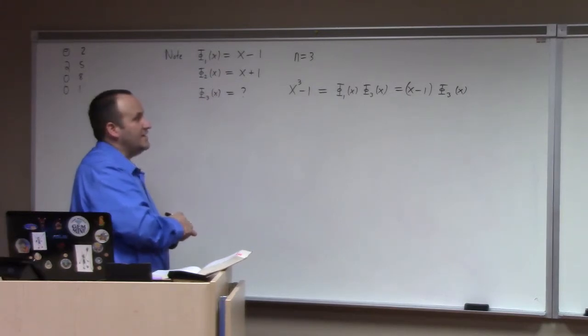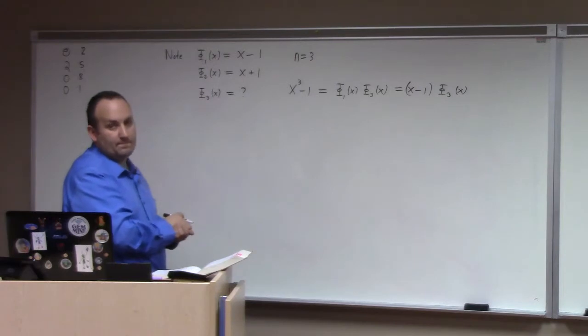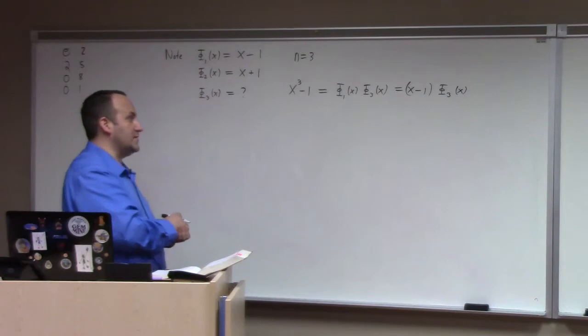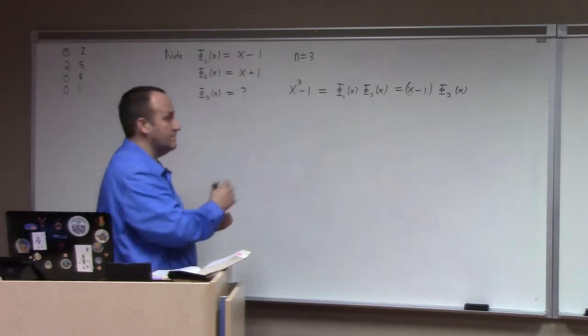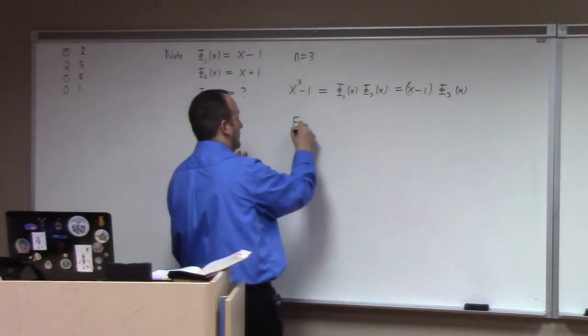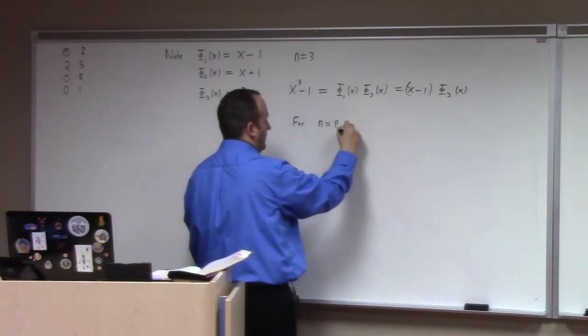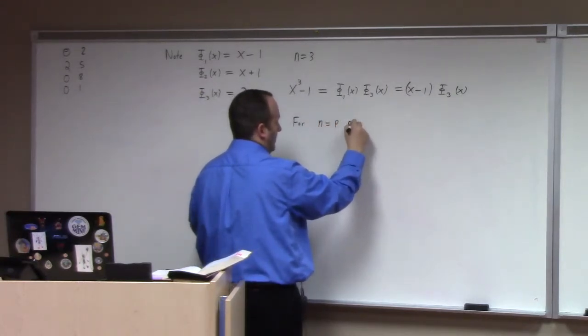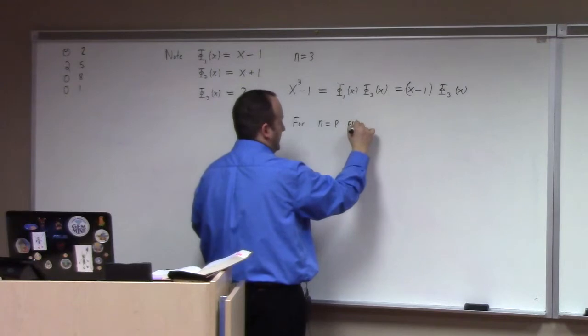and that same thing is going to be true anytime we have a prime. Anytime we have a prime, the only divisors of the prime are 1 and itself. Which is why for a prime we may define the cyclotomic polynomial as what? I've told you this in a previous class, I think.